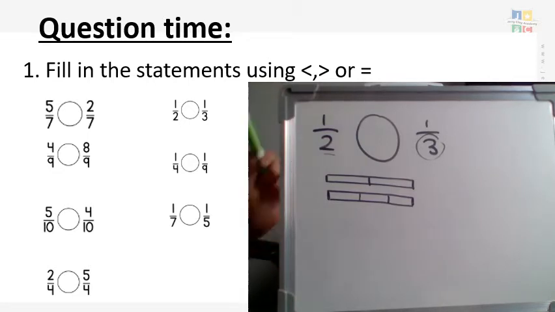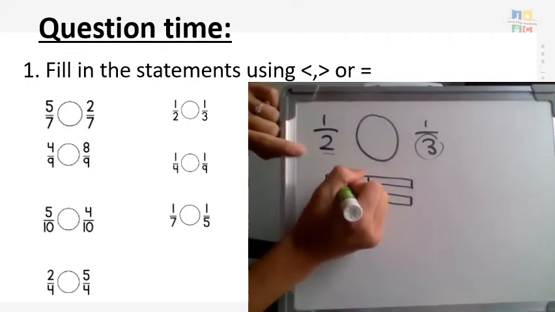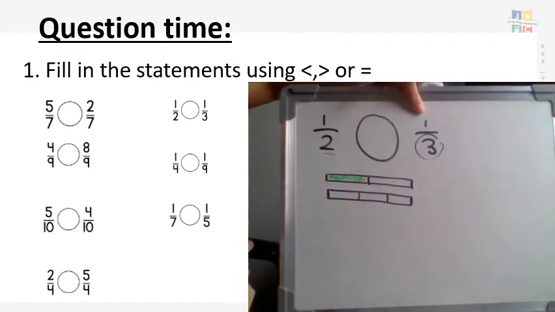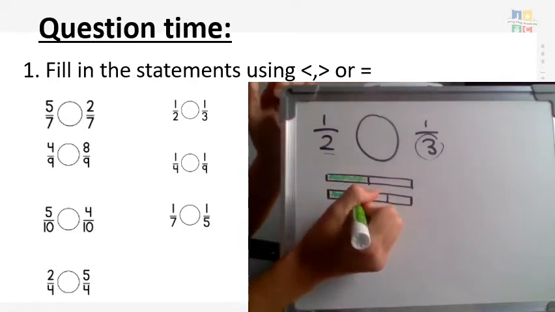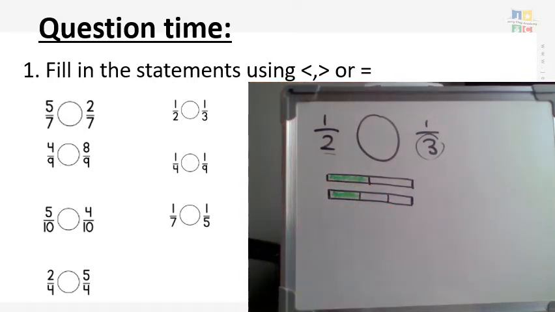Now if I was to shade it, in the one with 2 parts I want to shade 1 of it, and for 1/3, I've got 3 parts because that's my denominator, so I'm going to shade 1/3 of it. We can see that 1/2 is greater than 1/3.